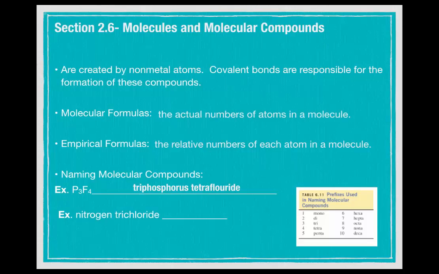By saying nitrogen trichloride, it's implied I only have one nitrogen. Is it wrong if you write mono in front? Yes. Don't write it. We don't say mononitrogen trichloride. So the formula for this is going to be NCl3.